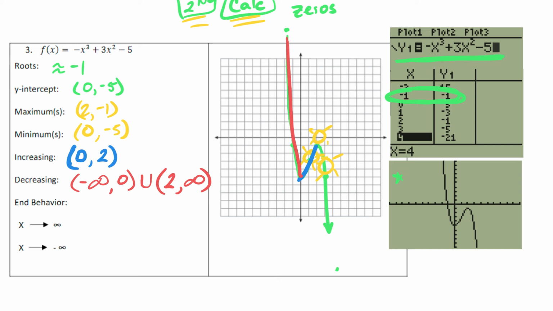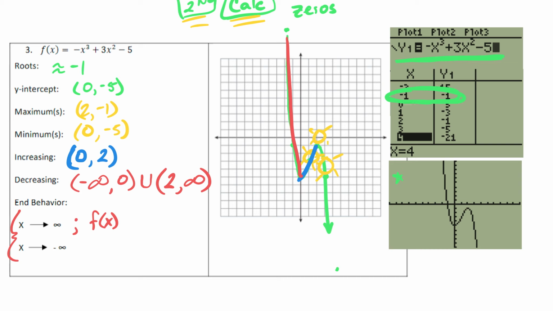All right, then end behavior. These are the cheat sheets to end behavior down here. Remember, x arrow infinity, that means moving right. As we move right in time, where is this graph going? The further right we go, the further what it goes? Up or down?